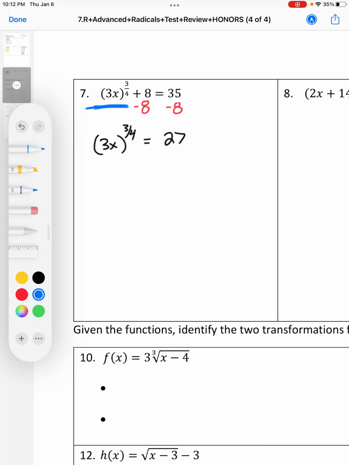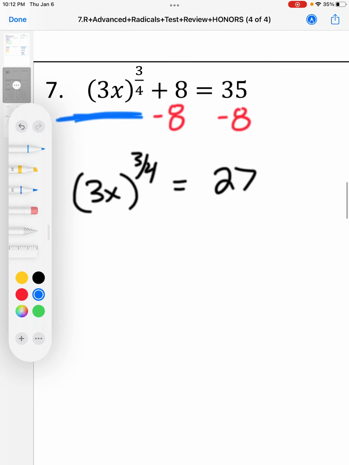Okay, so we need to get rid of that. I like to just do it one at a time. To get rid of this 3, it's an exponent, so the opposite of cubing something is cube rooting it. Since this is a cube, to get rid of an exponent, we have to take the cube root.